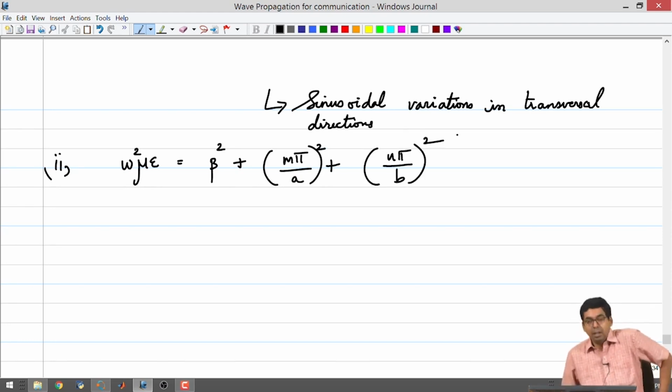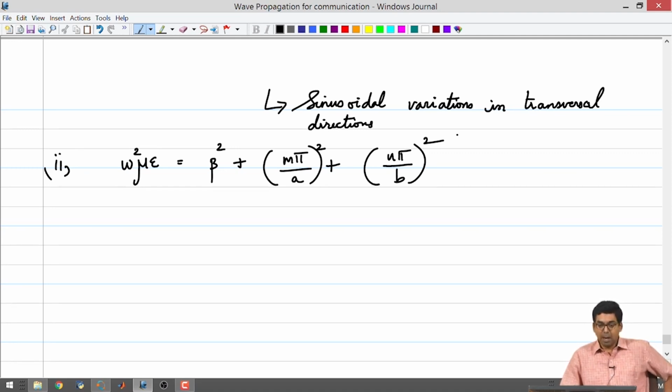Unless it is equal, your right hand side will not go to 0. But we started with the solution to the wave equation, so this means that this is a valid condition. But what does this mean? This means that there does exist some choice of m and n which will satisfy this. This is one way of looking at it.